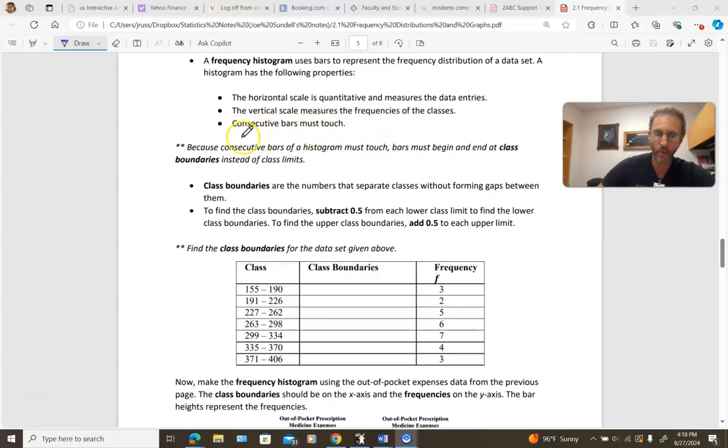Okay, now the bars will touch at what are called class boundaries. Okay, we use class boundaries instead of class limits because if you look at these class limits right here, going from the upper class limit to the lower class limit of the next class, there's actually a gap right there.